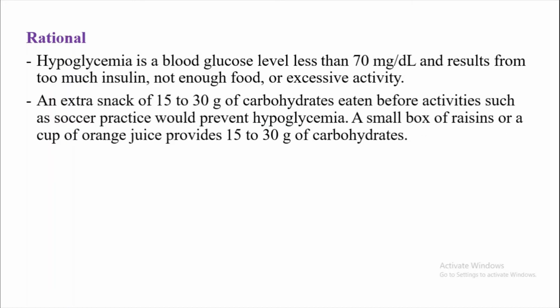An extra snack of 15 to 30 grams of carbohydrate eaten before activity such as soccer practice will prevent hypoglycemia. And a small box of raisins or a cup of orange juice provides 15 to 30 grams of carbohydrate.